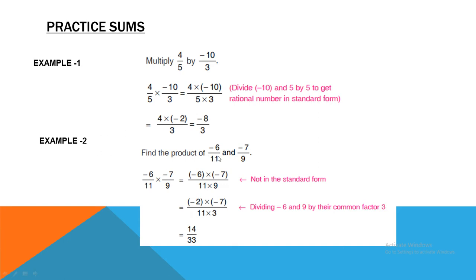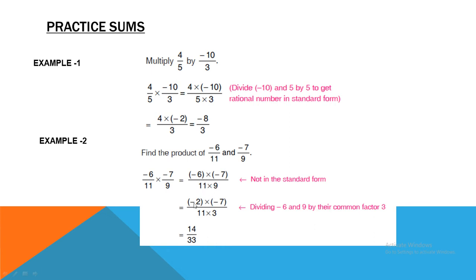Same way, let's take another example. I have two negative rational numbers, minus 6 upon 11 and minus 7 upon 9. I have to multiply, so I put a multiply sign between them. Multiply numerators together, denominators together. Now I have to check, can I cancel to get the lowest term? 6 and 9 can be cancelled on the table of 3.